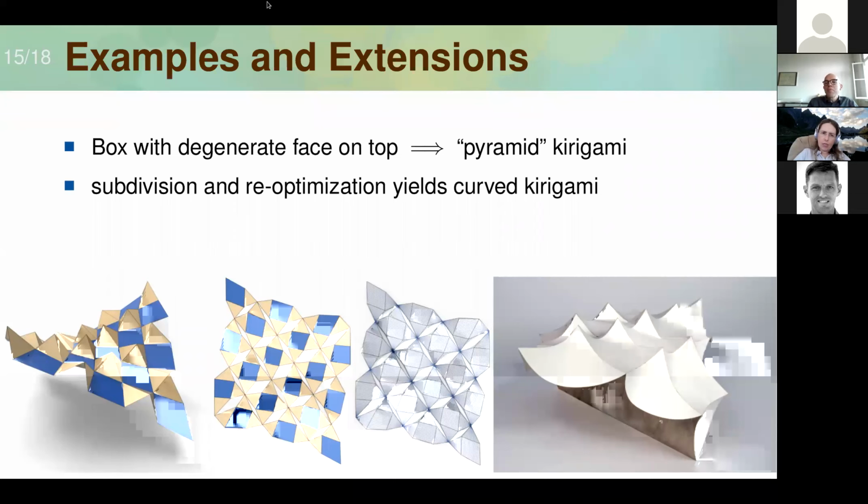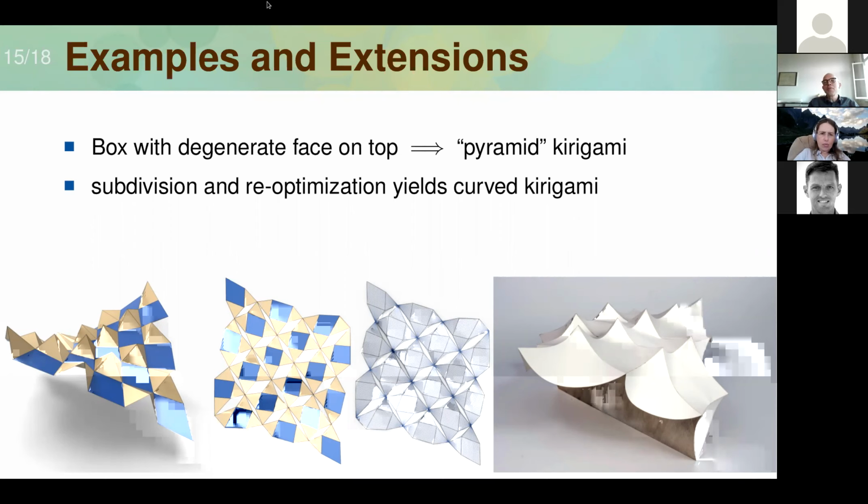We have also been playing around with curved folds. Here you can see yet another kind of Kirigami. It's a checkerboard Kirigami. Here the faces of the base mesh that remain are shown in blue.